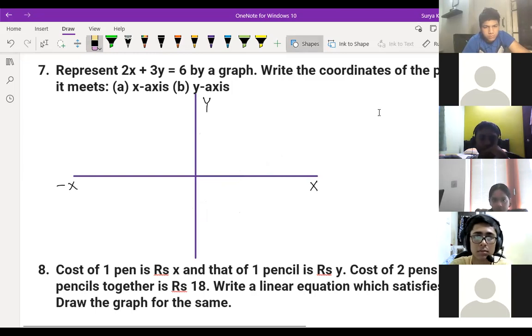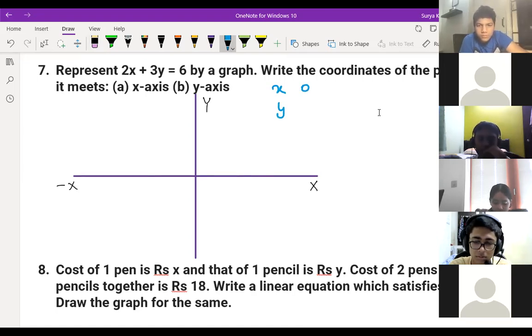Suppose I'm just finding over here. Simply I'll write directly x and y. If I put x equal to 0, what am I getting? y equal to 2. If you put y equal to 0, x equal to 3. So your answer will come 0, 2 and 3, 0. Where does 0, 2 lie? 0, 2 is nothing but this, on the y-axis, and here is 3, 0.